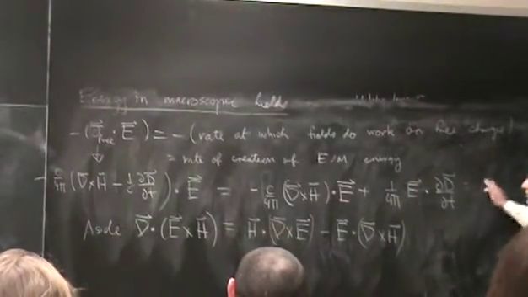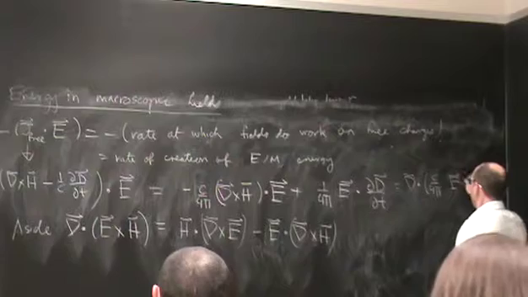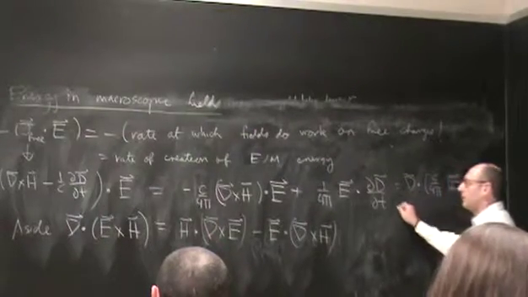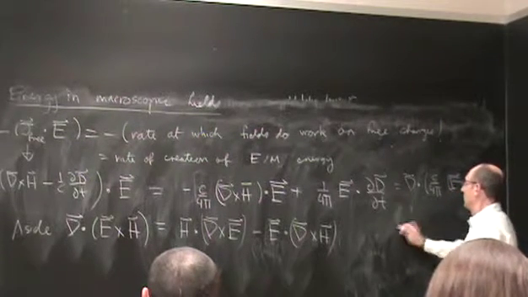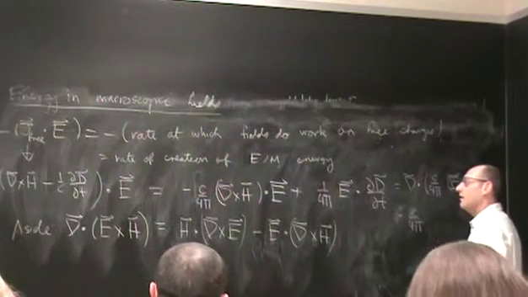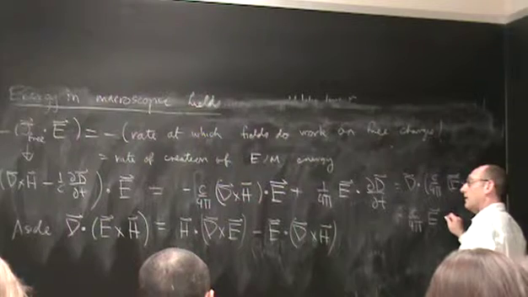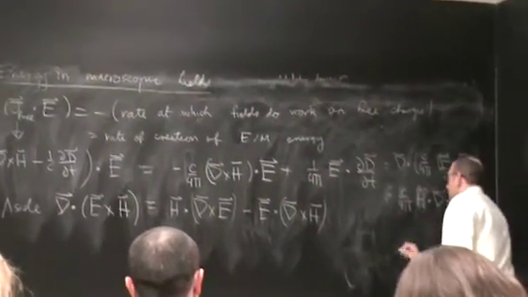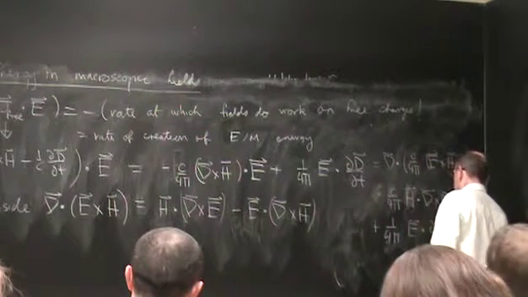Okay, so this is equal to del dotted into C over 4 pi E cross H, plus the minus C over 4 pi H dotted into del cross E, plus 1 over 4 pi E dotted into dD dt.